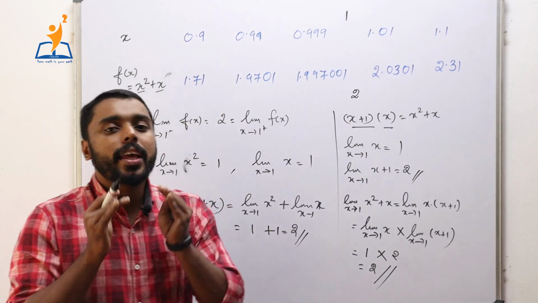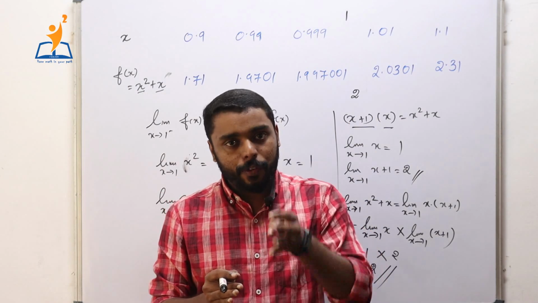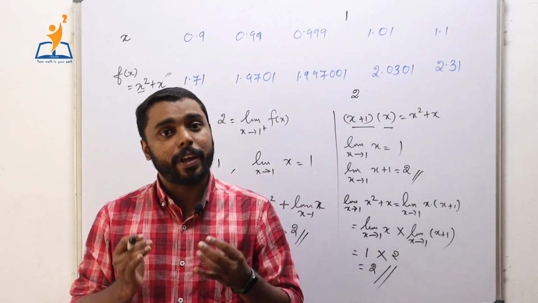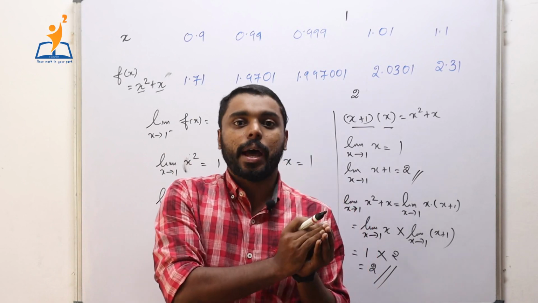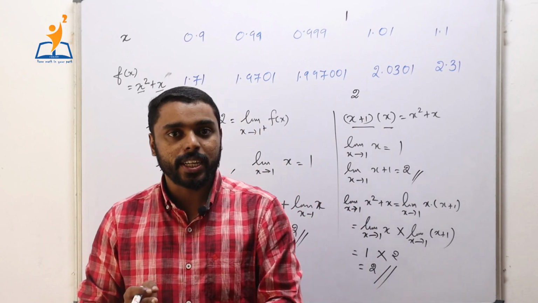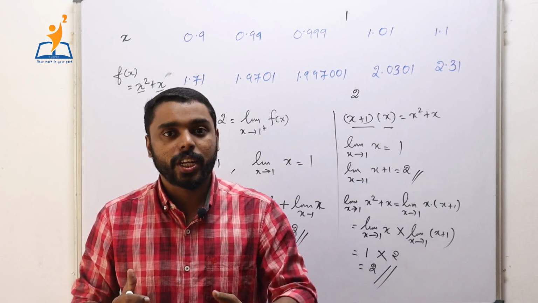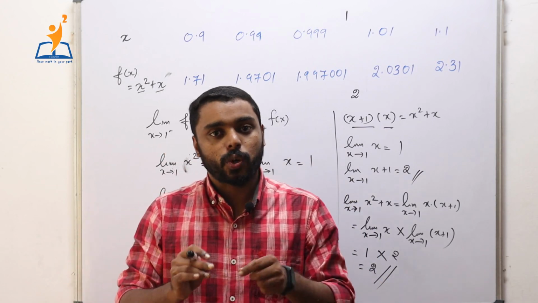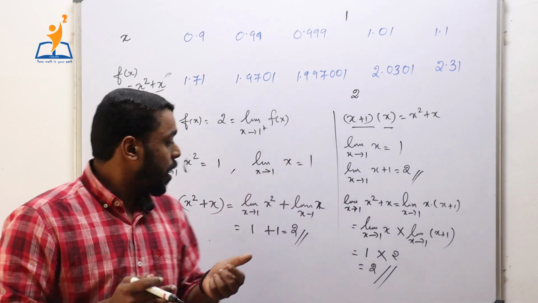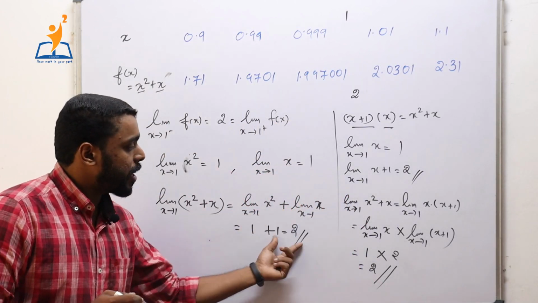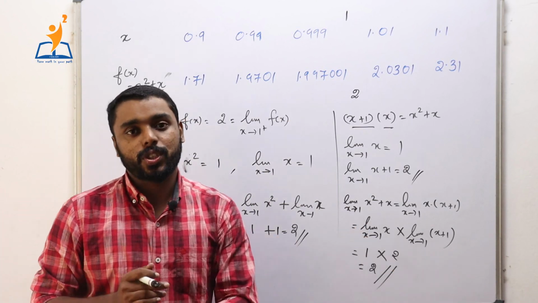Similarly, if we are given a function which is a sum or product of any other two functions, and we know the limits of the individual functions, then we can split the new function into the individual functions, so that the limit of the original function is nothing but either the sum or the product of the limits of the individual functions.